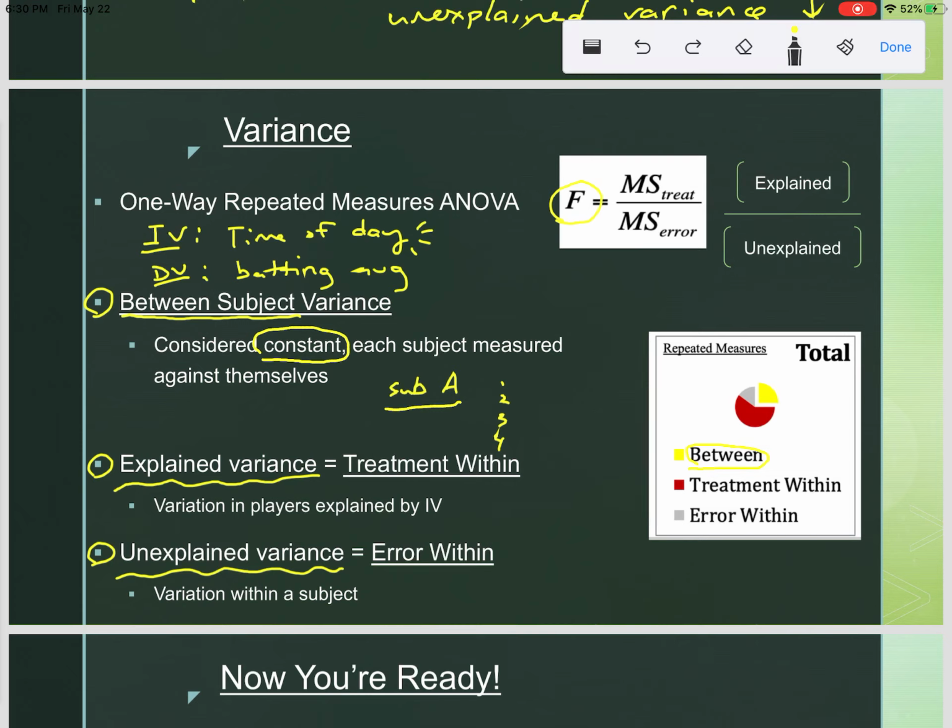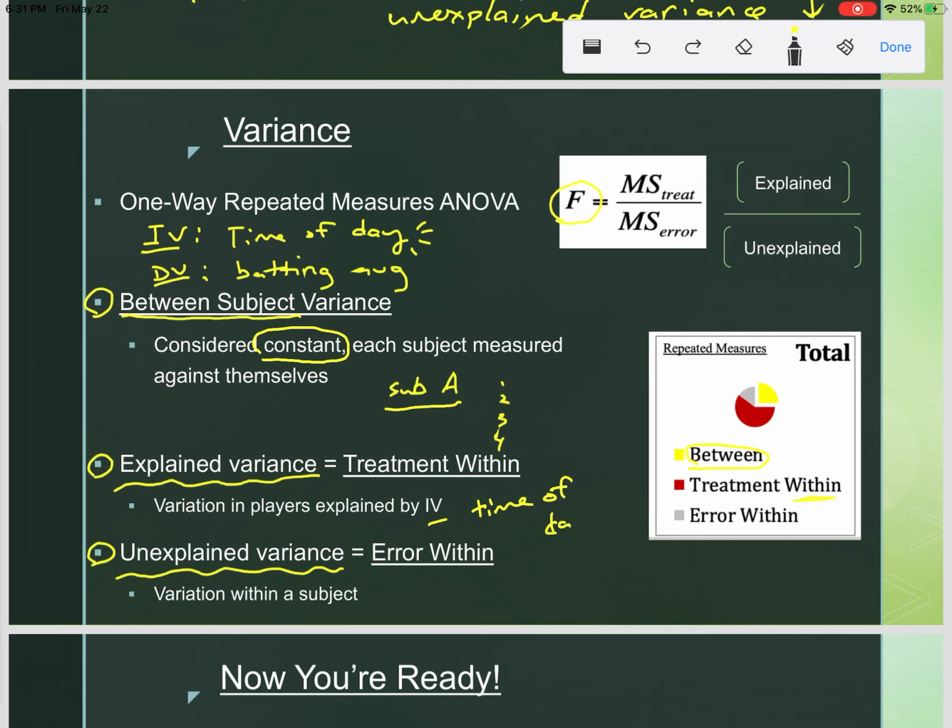In a repeated measures one-way ANOVA, here's what we care about. Our explained variance is called treatment within, and that's what's shown in this pie chart as red. This would be explained variance, variation in players that is explained by your independent variable. And our independent variable is time of day.